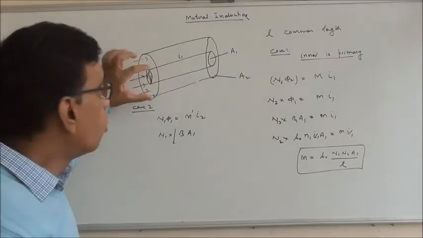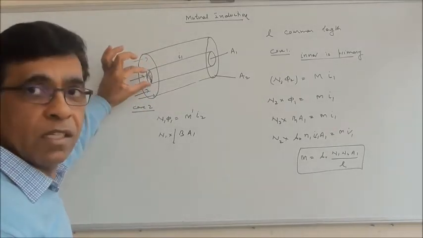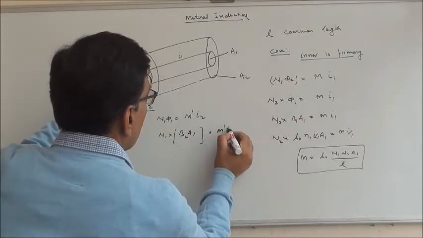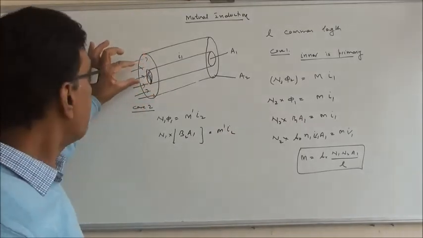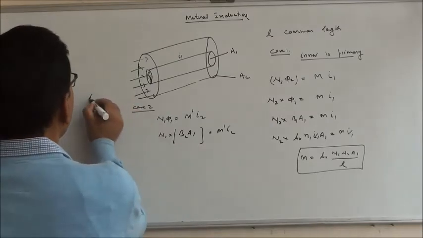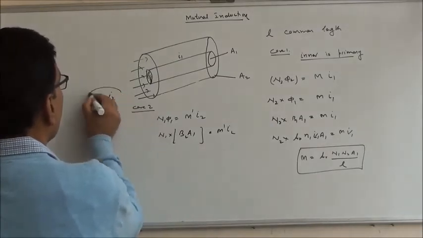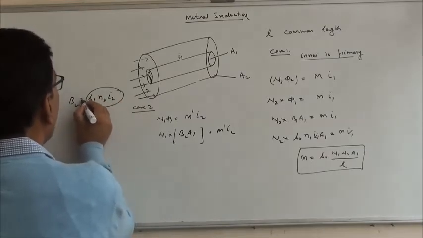Flux is B into A, so whatever magnetic field is there multiplied by this area. Now the field is due to this. What is the field here? It is mu naught N I. The field is due to 2 actually.